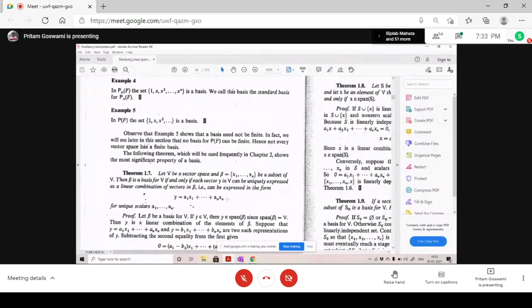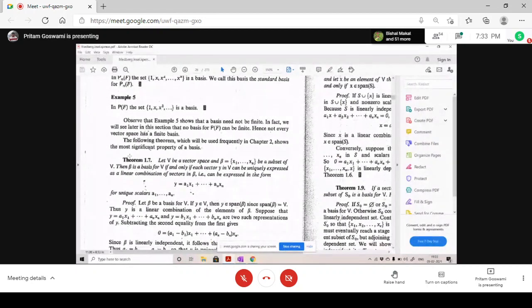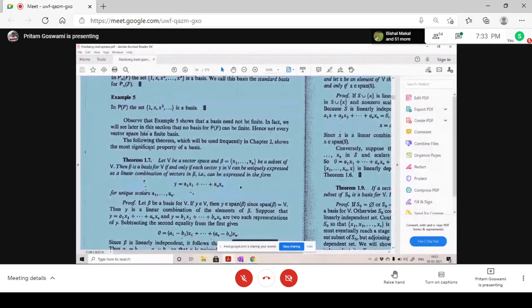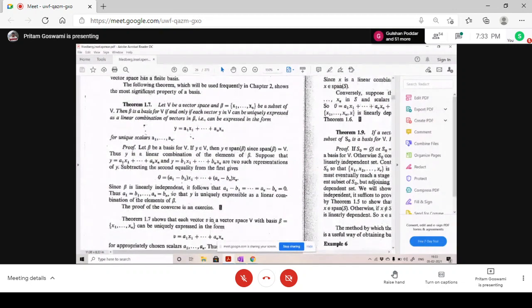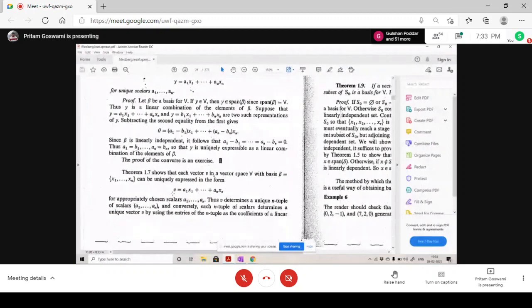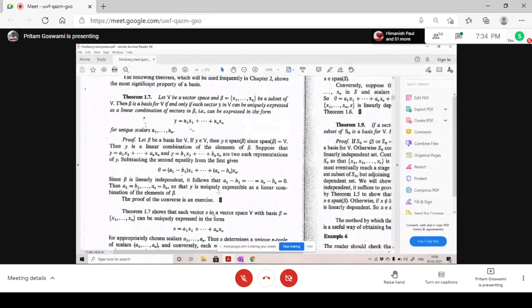Everyone clear? This theorem is pretty important actually. Now this is the proof of the theorem. If you are interested, you can check it.